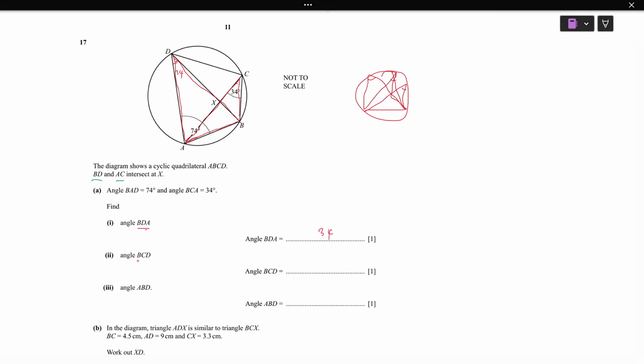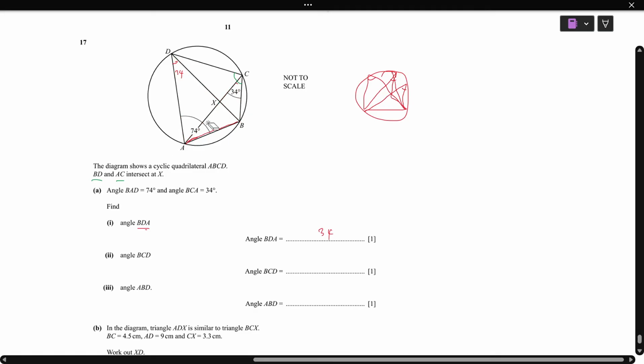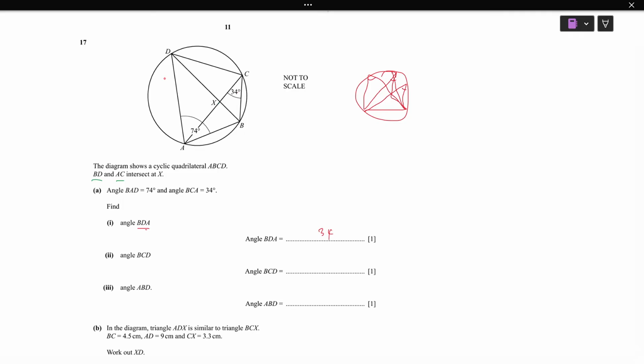Next, angle BCD. We need to find this angle. I'll erase the first one. This is the 34 we just got. We need to find the entire angle BCD. So we are now using cyclic: all four points A, B, C, D are on the circle. In a cyclic quadrilateral, opposite angles always add up to 180 degrees.